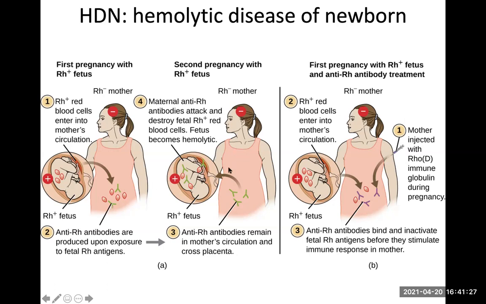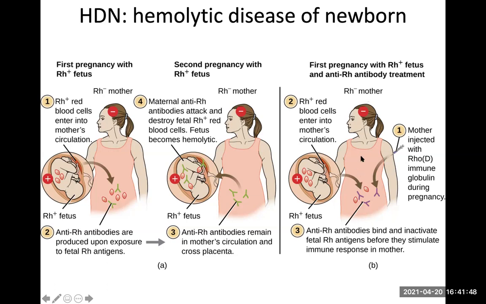So if she ever becomes pregnant again with an Rh positive baby, those antibodies will cross the placenta and attack the baby, and typically will cause death of the baby.